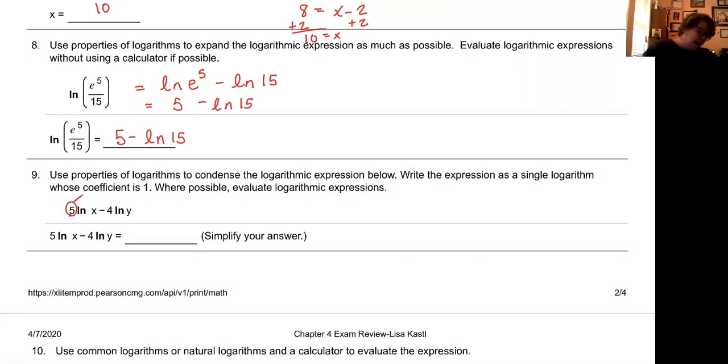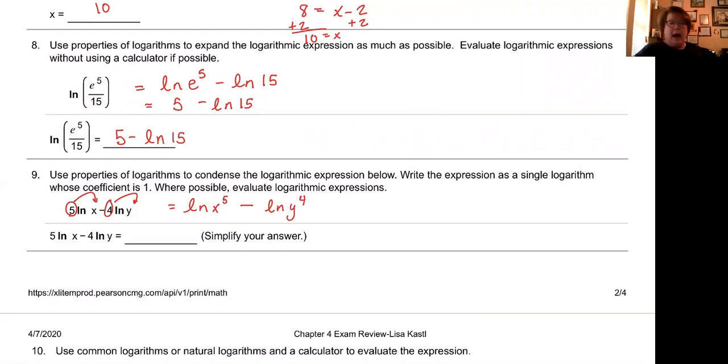So I can take the 5 in and make it an exponent on the x. I can do the same thing for the second logarithm. I have a factor of 4 outside that logarithm, so I can take that into the logarithm as an exponent. So I've used the power rule.